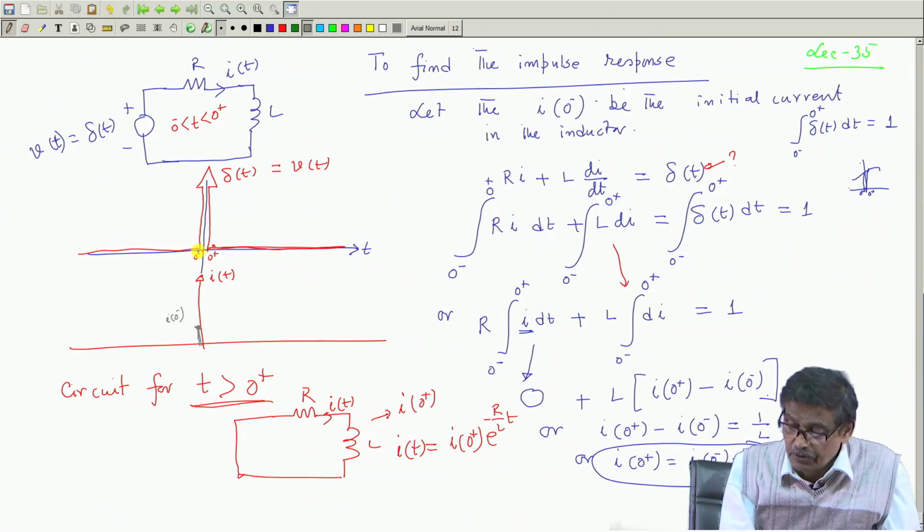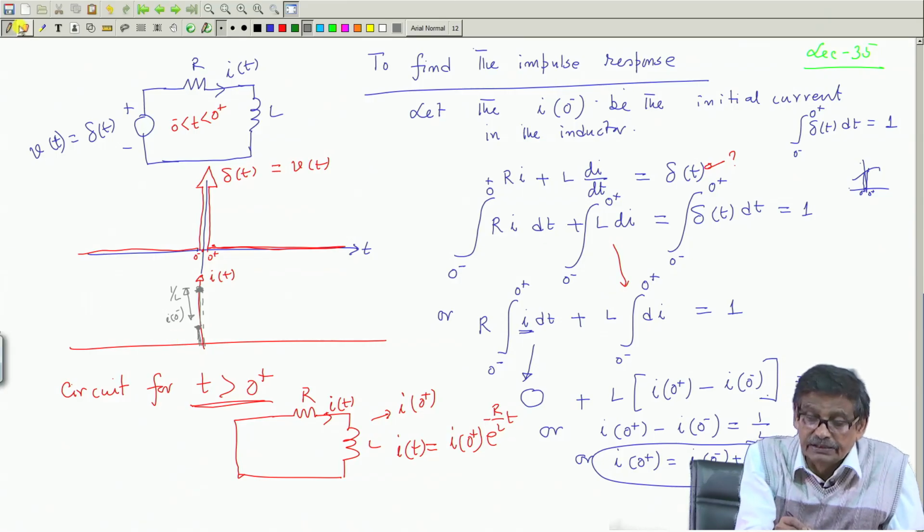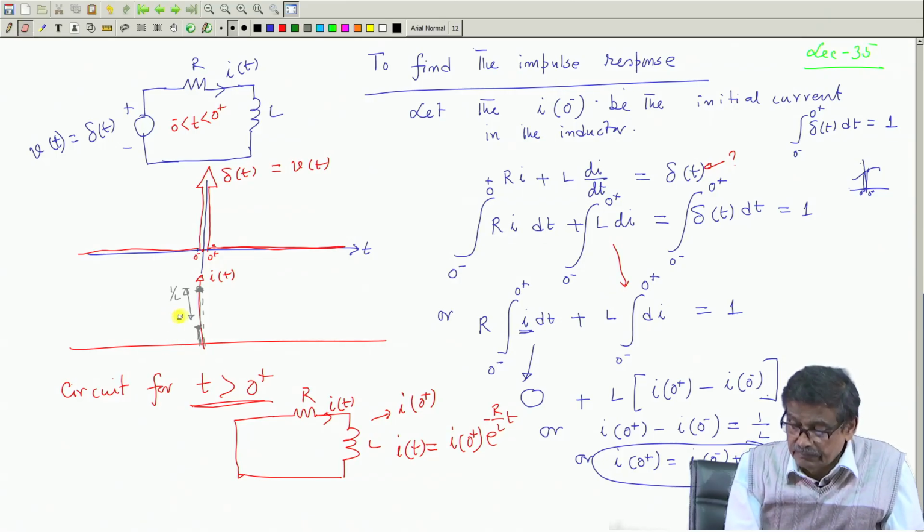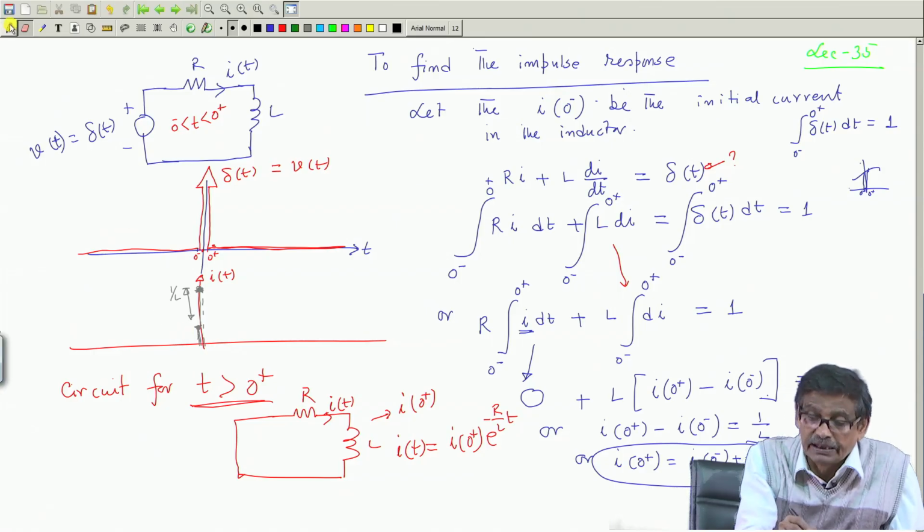The impulse appears from 0 minus to 0 plus. What happens? This current has a step jump. This current jumps to this value at t equal to 0 plus. What is the value of the current? This I 0 minus 1 plus 1 by L. This will be 1 by L, and up to this is I 0 minus 1.